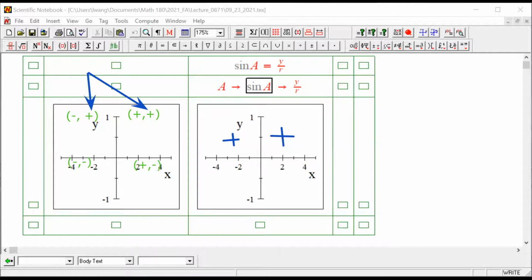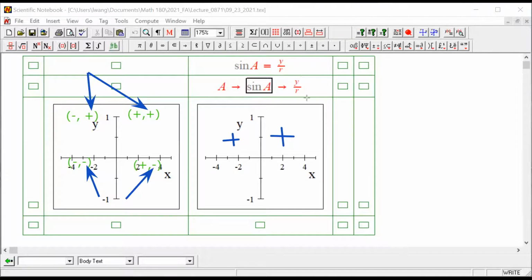Do you have to memorize this? Of course not. Look at the third and the fourth quadrants. In the third quadrant, y is negative, so the numerator is negative. In the fourth quadrant, y is negative too.